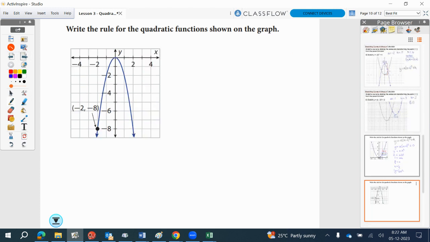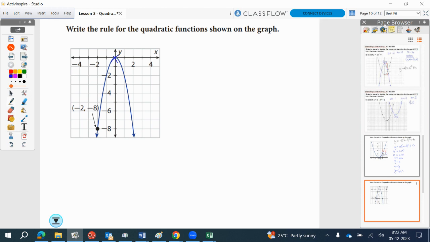What's the coordinates of the vertex going to be? Let's see some hands. What's the vertex here going to be? Let me take somebody else. What is the vertex of this curve? 0, 0.